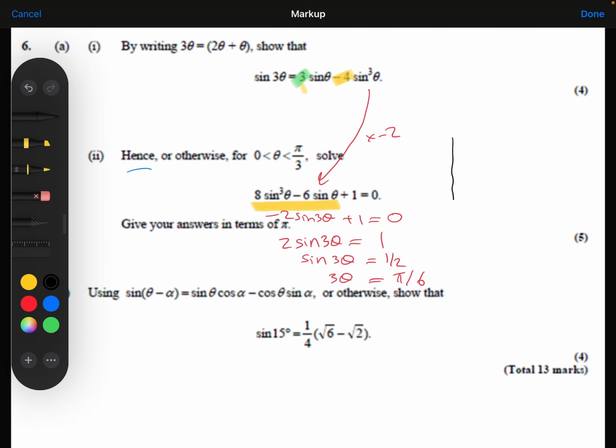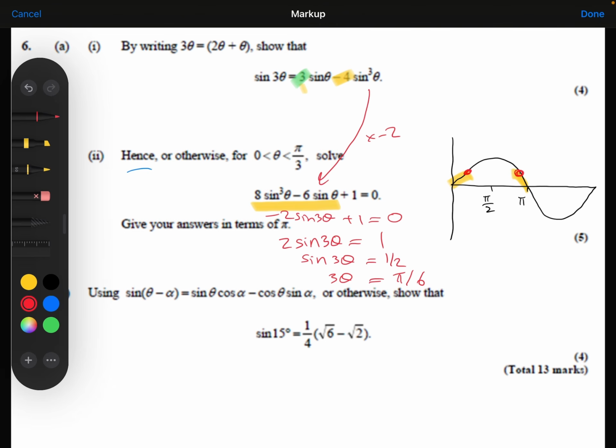Let's draw our sine graph to get the other solution. I only need to actually draw my graph up to pi here. So I've got one solution here at pi over 6. There'll be another solution there. This is pi over 6. This is pi take away pi over 6.